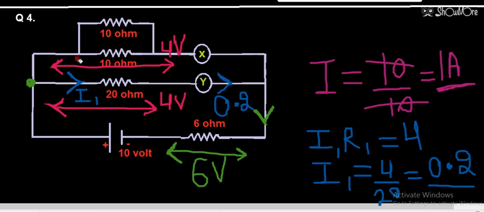Now students, you can check, 4 volt is dropping here, so you can find this current I3 and I4. Their value will be equal to 0.4. You can check this by using a similar relation.